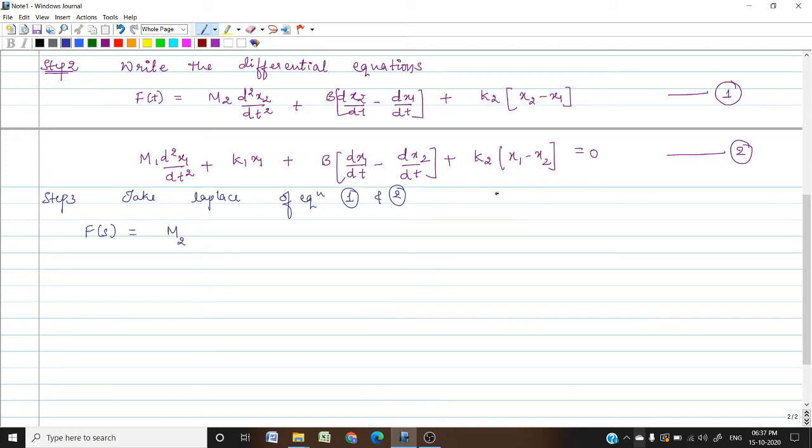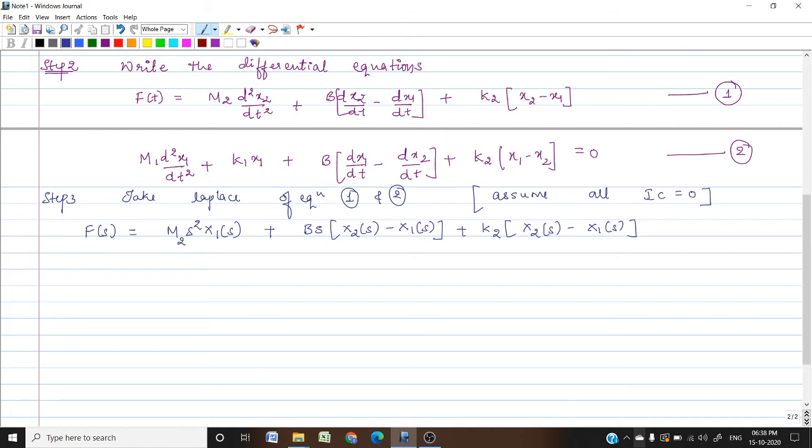For taking the Laplace transform, we will assume all initial conditions to be 0. So m2 s square X2 of s plus b s (X2 of s minus X1 of s) plus k2 (X2 of s minus X1 of s). Now in this equation, I'll just separate the X2 of s term and the X1 of s term.